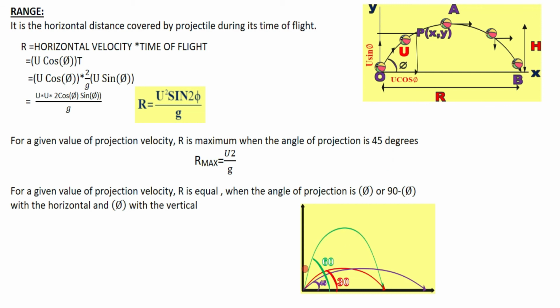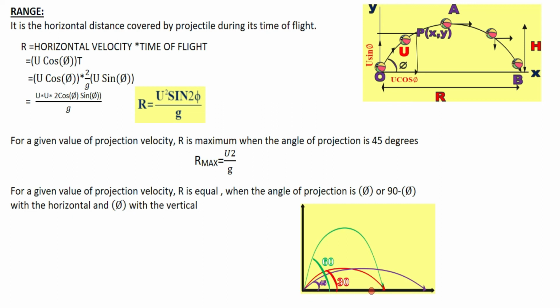Now let us go to the other case where I projected the projectile with different angles of projection, keeping my initial velocity constant. When I throw a projectile with different angles of projection and keep my initial velocity constant, as I increase the angle of projection, the horizontal distance covered by the projectile will increase.